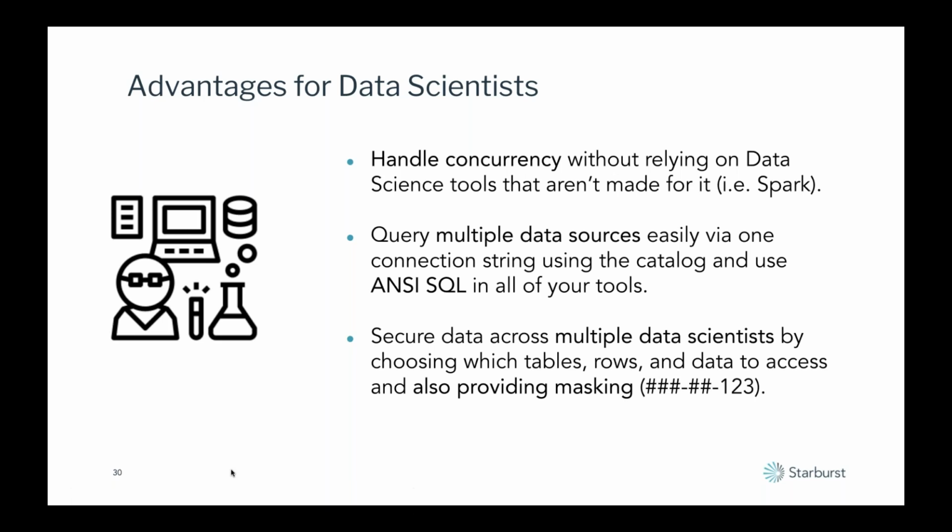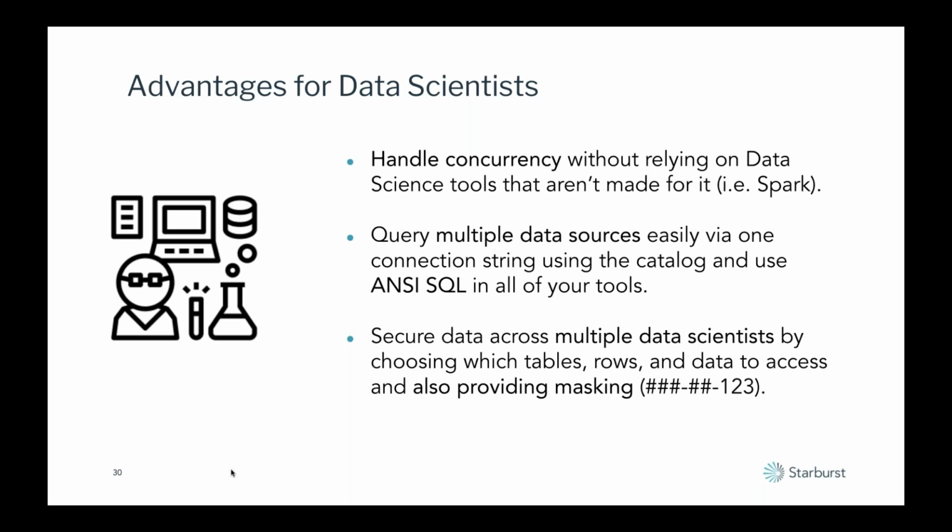And security is the last thing here. The ability to secure data for access at various levels of granularity is also important. Starburst allows you to do that at the catalog level, the table level, row, column, and in some cases using masking may be beneficial as well.